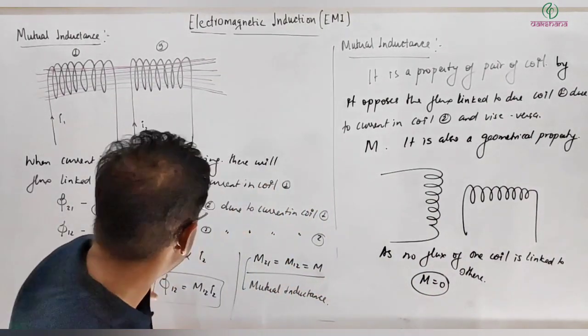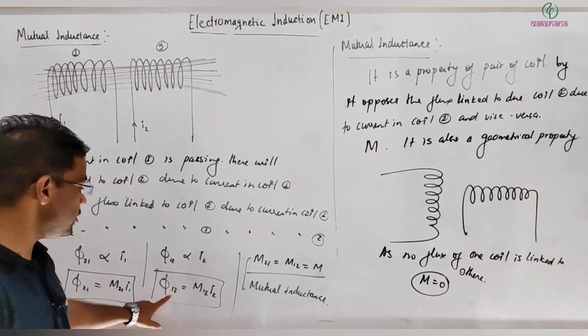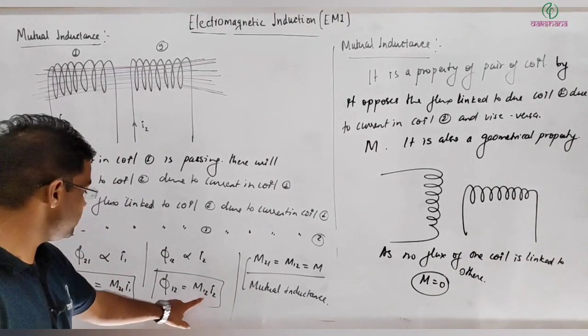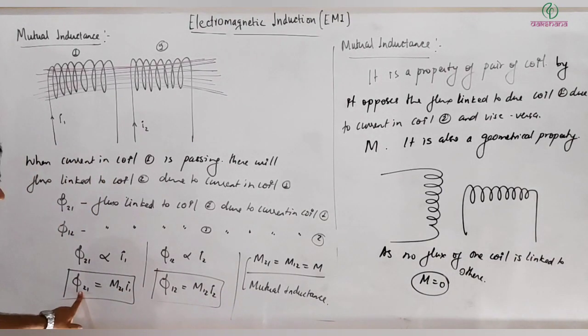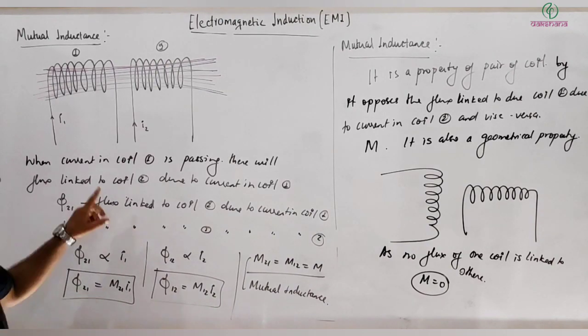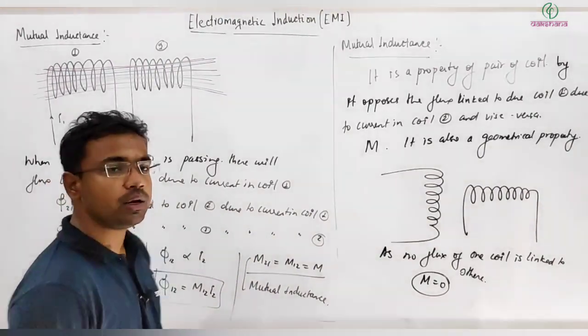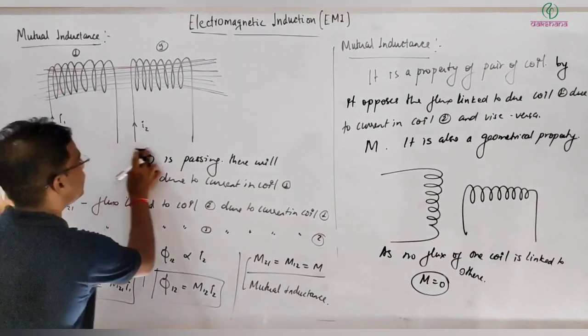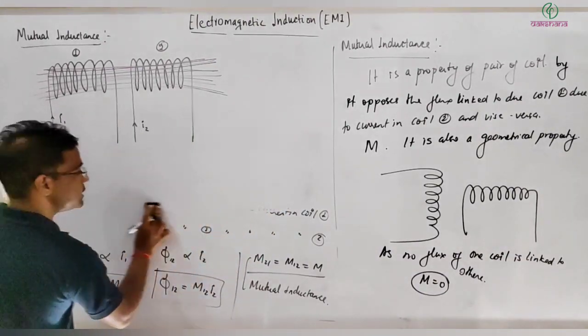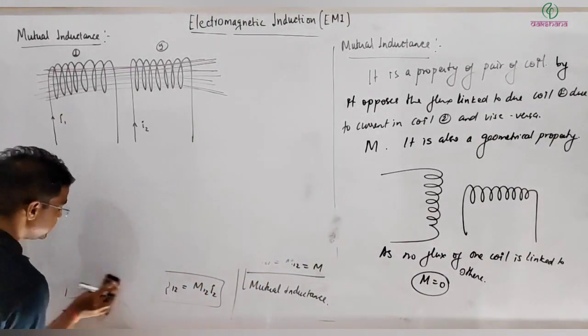So this is the flux in coil 1 due to current in coil 2, and this is the flux in coil 2 due to current in coil 1. So when there is current in coil 1 and current in coil 2, what is the net flux?